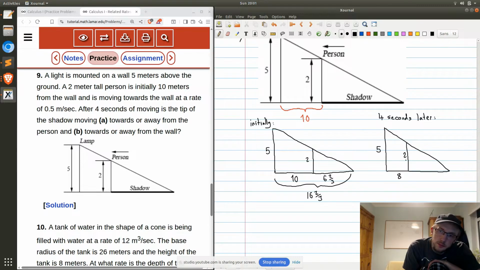And that'll still be 2. So like 40/3. And therefore, well, 40/3 is 13 1/3.